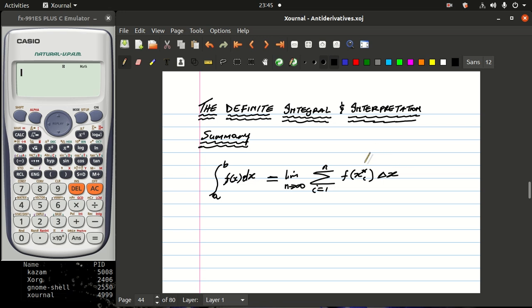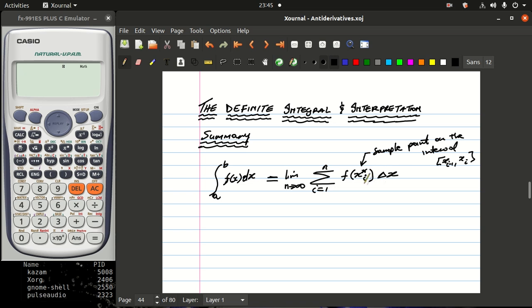And we said that this x star i is actually the sample point. So it is a sample point, and this point is on the interval x i minus 1 and x i here.